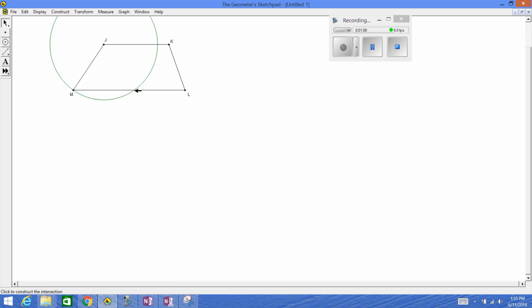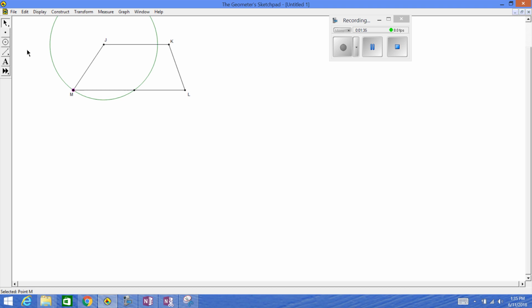And what happens is I find another point right here that is the same distance from J as M is. So essentially, you're creating an isosceles triangle here. Now, if you can find the perpendicular bisector of these 2 points, it will pass through J and be perpendicular to ML.